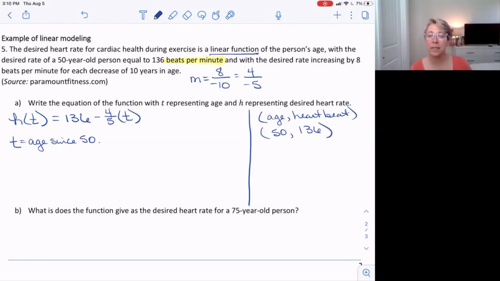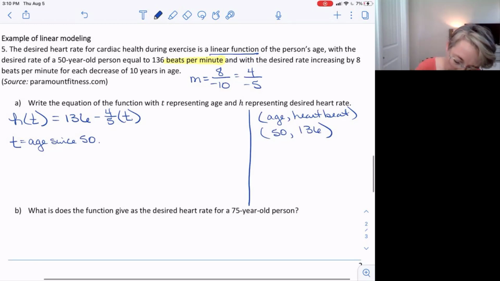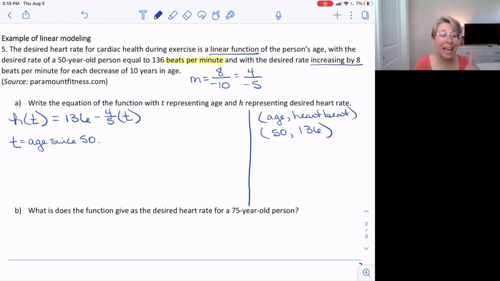What else did they tell us? They said that the desired rate increases by 8. So if we increased that heart rate by 8, that would give us 144 heartbeats. But for a decrease of 10 years in age, so instead of a 50-year-old, a 40-year-old should have a heartbeat of 144.